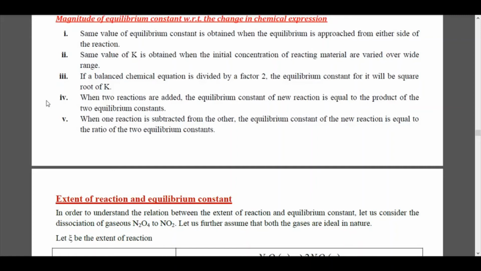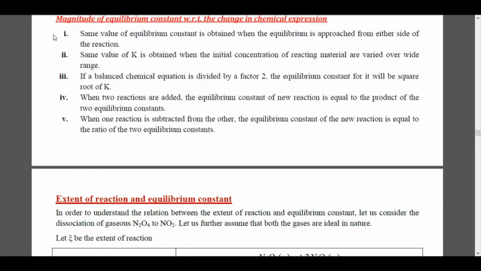Suppose there are two reactions, reaction A and reaction B. Then when the third reaction comes, a new reaction, the equilibrium constant of the third reaction will be the product of the first two when they are added. When they are subtracted, then the equilibrium constant of the new reaction will be the ratio of the two previous equilibrium constants. So these are some characteristic properties.